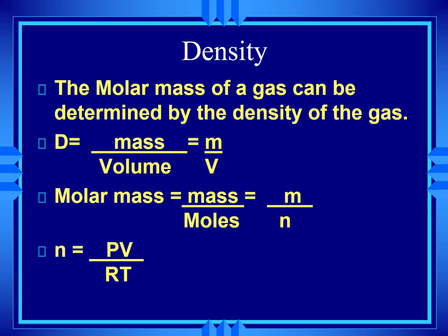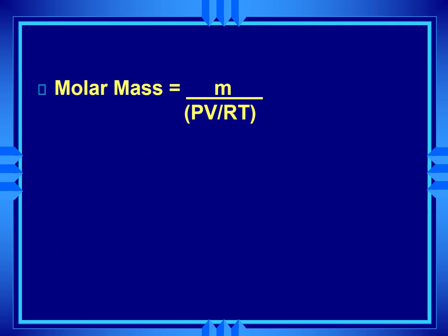So, do some simple algebra. Okay, first, substitution. Since molar mass is mass over moles, then I can put this in place of moles. PV over RT. Everybody okay with that substitution?